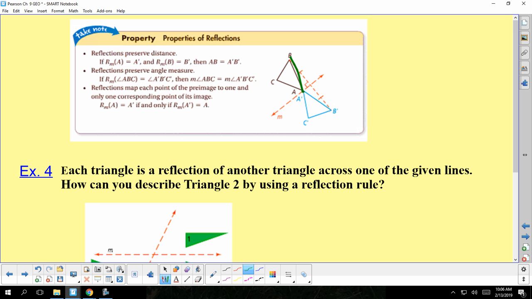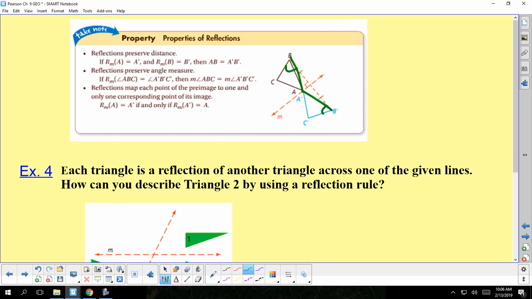So if we're doing a triangle, this is creating 2 congruent triangles. And they also preserve angle measures, so angle ABC is going to be congruent to angle A prime B prime C prime.